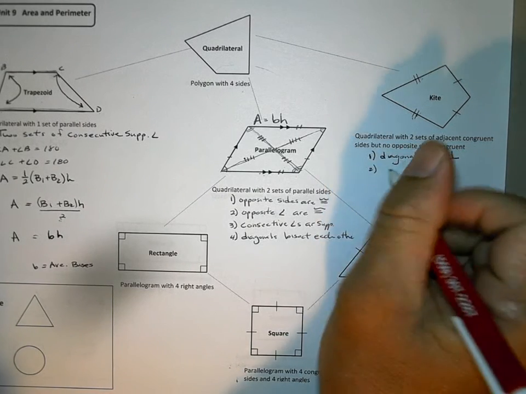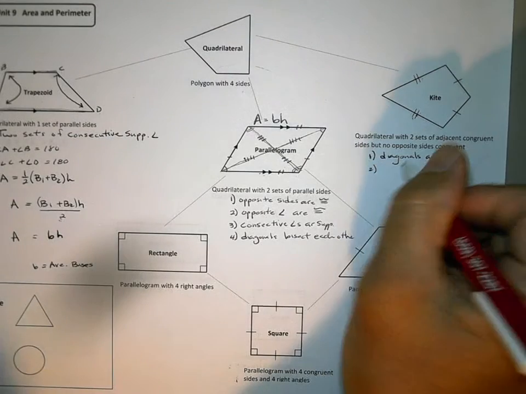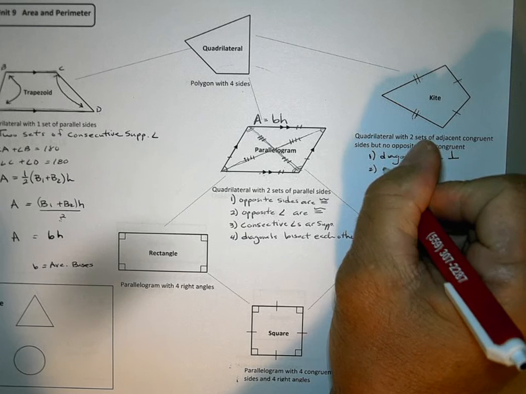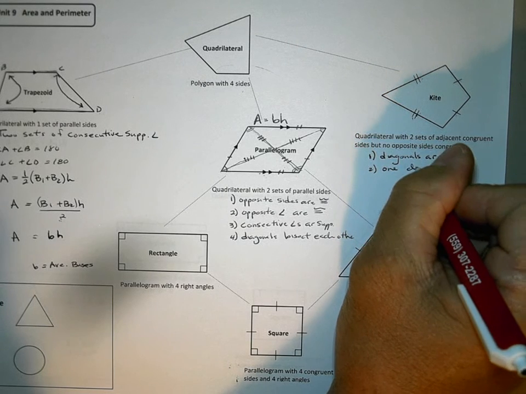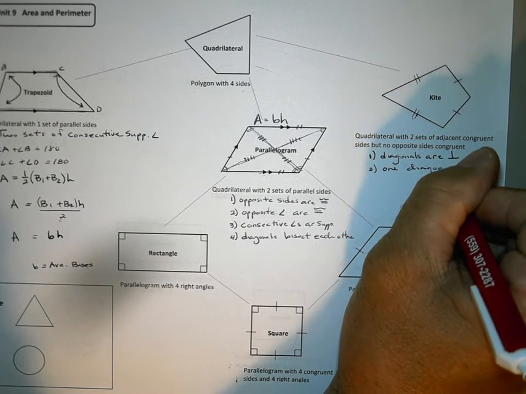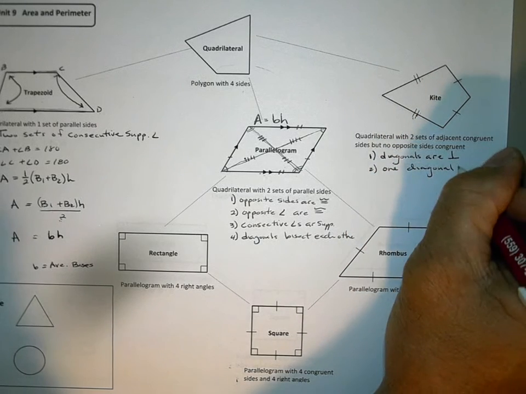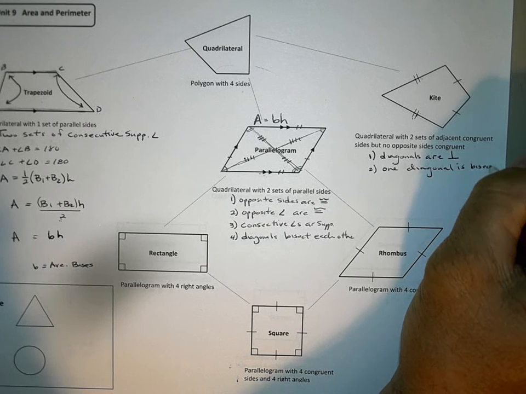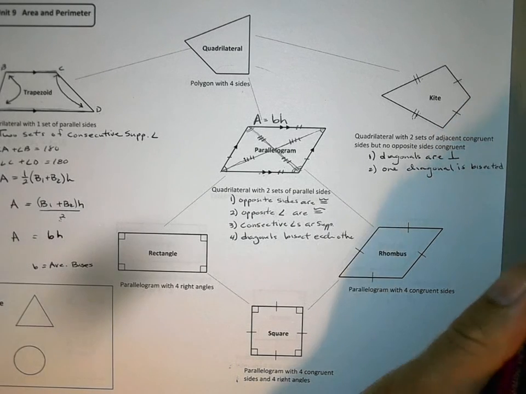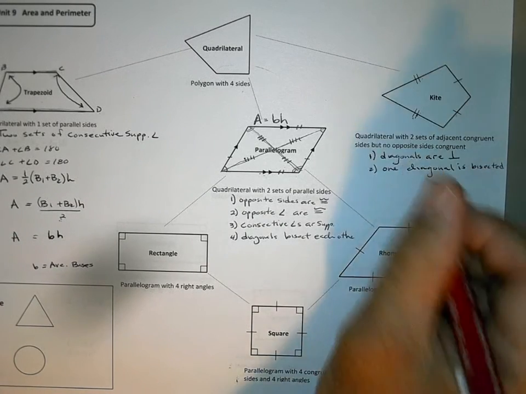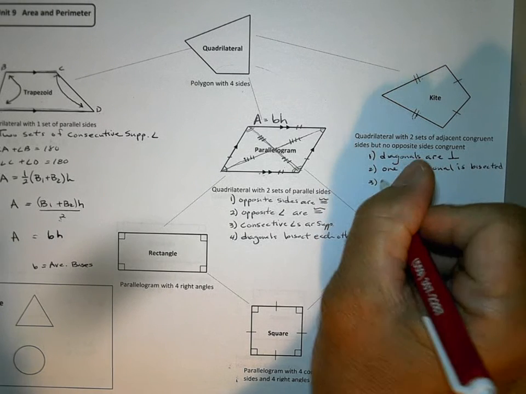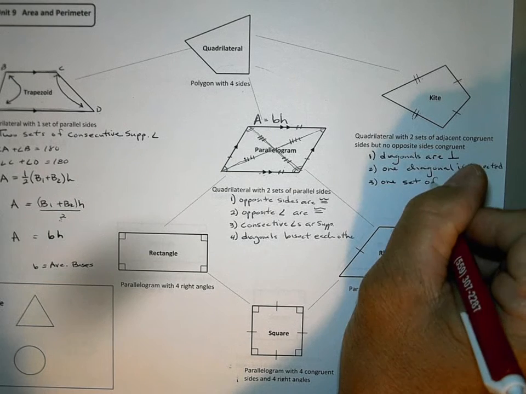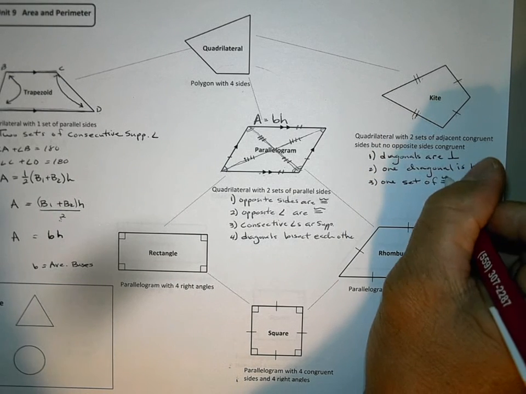On a kite, one diagonal is bisected, and there is one set of congruent angles.